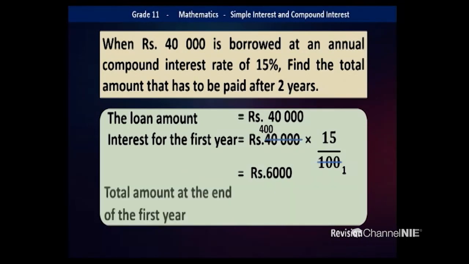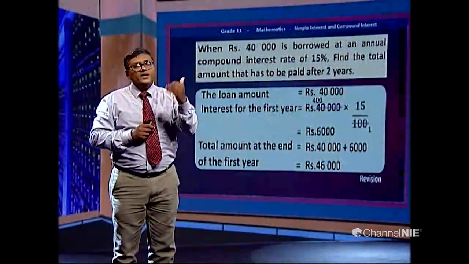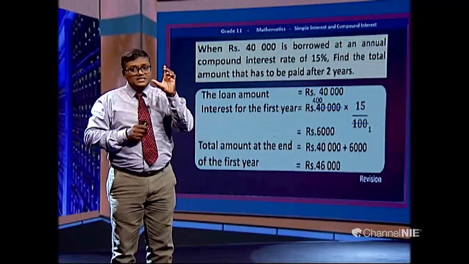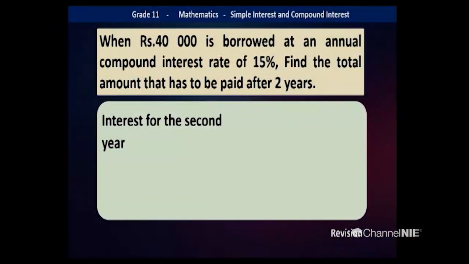Then you can go for the amount at the beginning of the second year. 40,000 plus 6,000, the total amount at the end of the first year, is 46,000. This becomes the opening amount at the beginning of the second year. Then the second year interest is calculated based on 46,000. Now let's see how to calculate the interest for the second year.